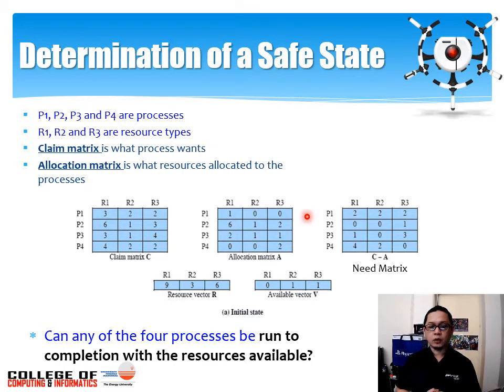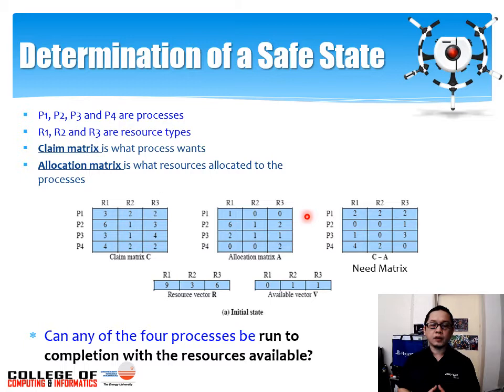And then you have the allocation matrix, meaning the resources that are already given to the processes. From there, we need to calculate, if we proceed with the execution of these processes, will deadlock happen or not?